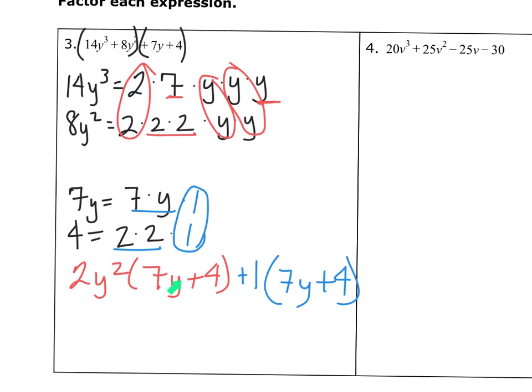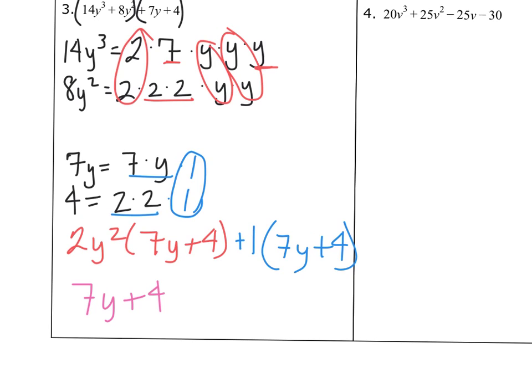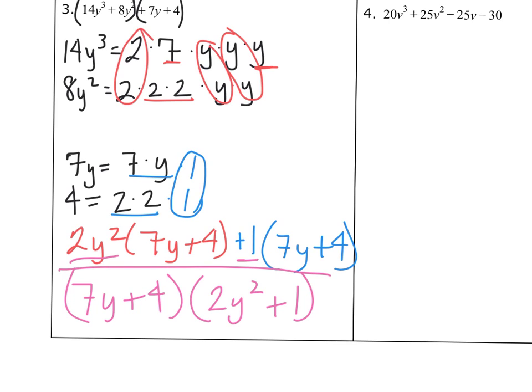Because now I can say my binomials are the same, right? So one of my factors, 7y plus 4. We'll scoot this up so y'all can see. 7y plus 4. And what's my other factor? 2y squared plus 1. Yes, because this is factoring by grouping. This is your answer.